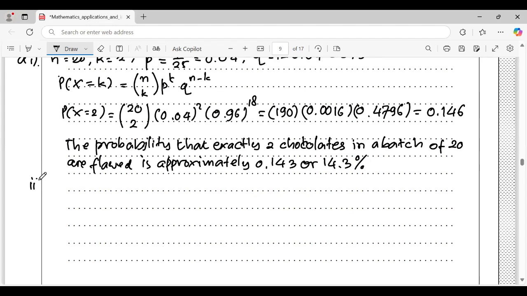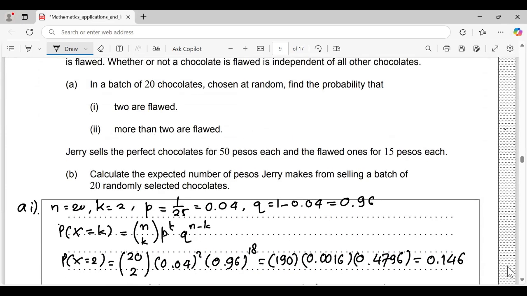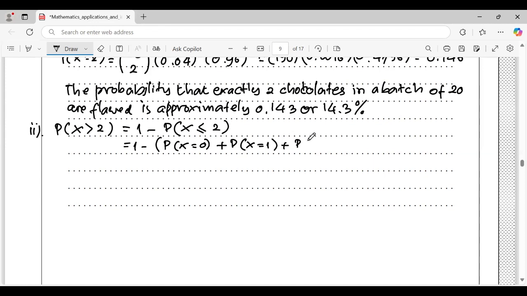Next, part 2. More than two are flawed. If more than two are flawed, we use the binomial probability formula: probability x greater than 2 is equal to 1 minus probability x less than or equal to 2, or 1 minus the probability x equals 0 plus probability x equal 1 plus probability x equal 2.